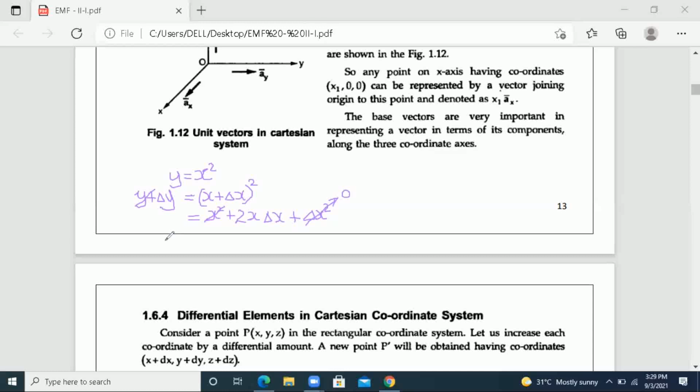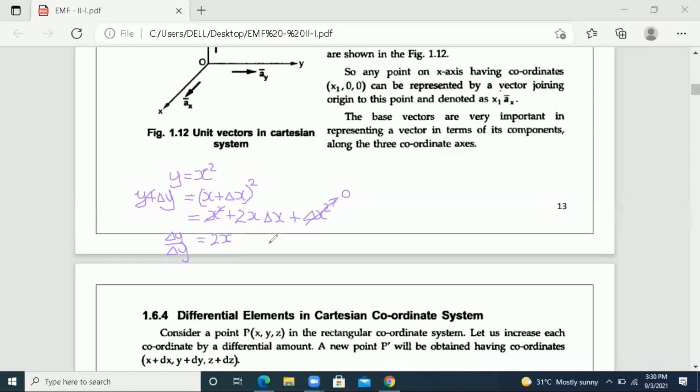So delta y over delta x, which is the gradient at that point, would be equal to 2x, right? You agree?